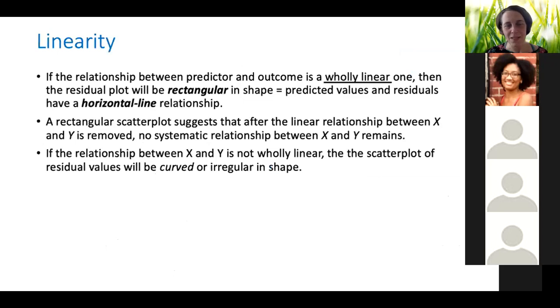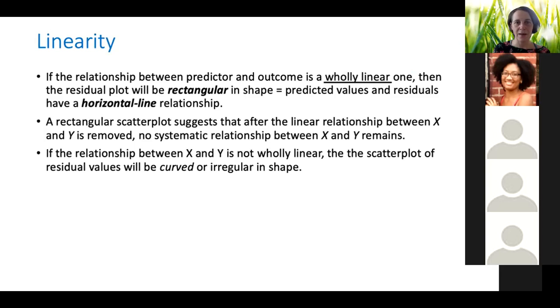Okay, so let's talk about the different aspects that need to be met for our residuals or error terms in more detail. I mentioned earlier that the relationship between the predictor and the outcome has to be a linear one. And if that is the case, in real life, nothing is ever perfect, so it's never a perfectly linear relationship, but it has to be reasonably close to it.